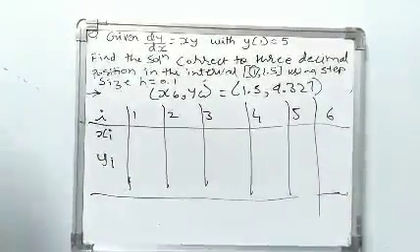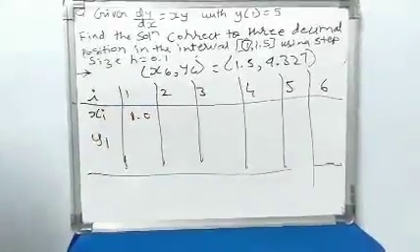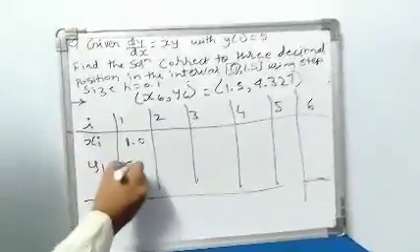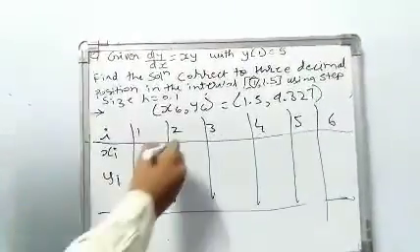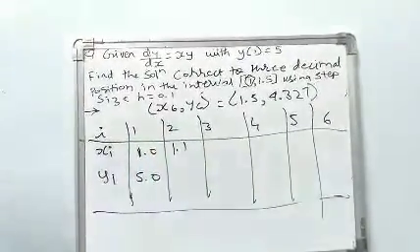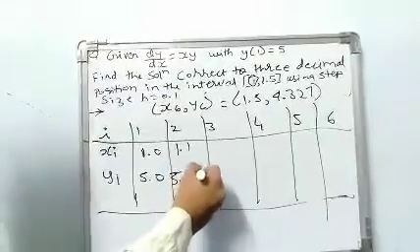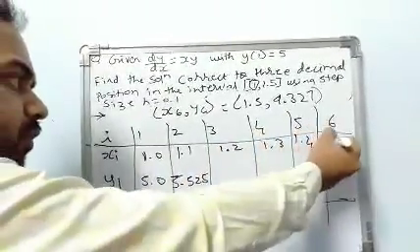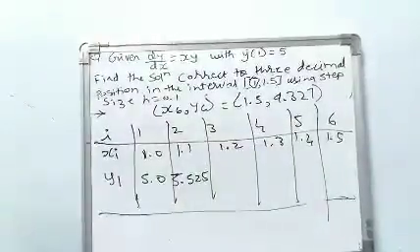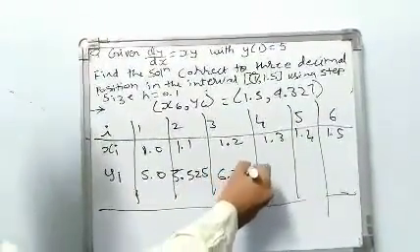Now for xi, when it was 1, we got the value 5. Initially it was declared. When it is 1.1, we got the value 5.525. When it was 1.2, we got 6.228.